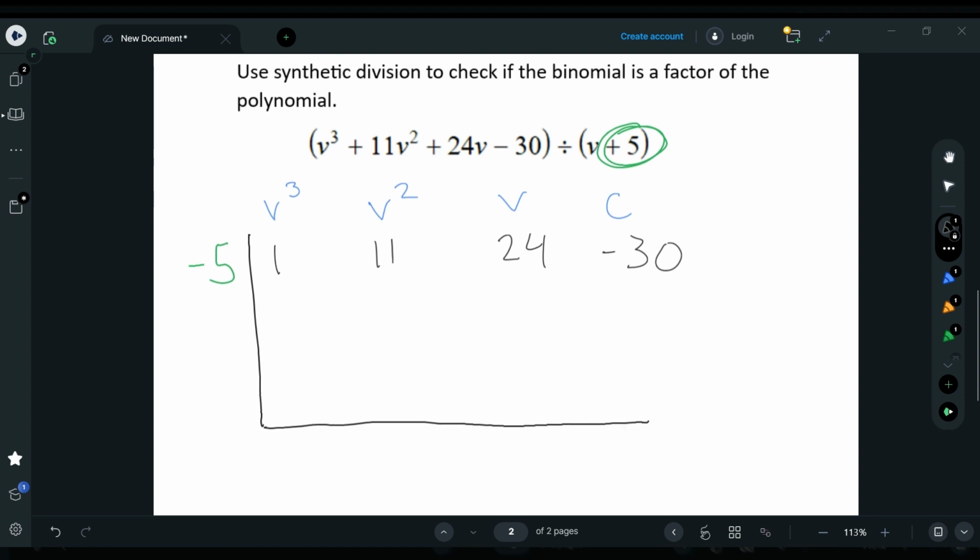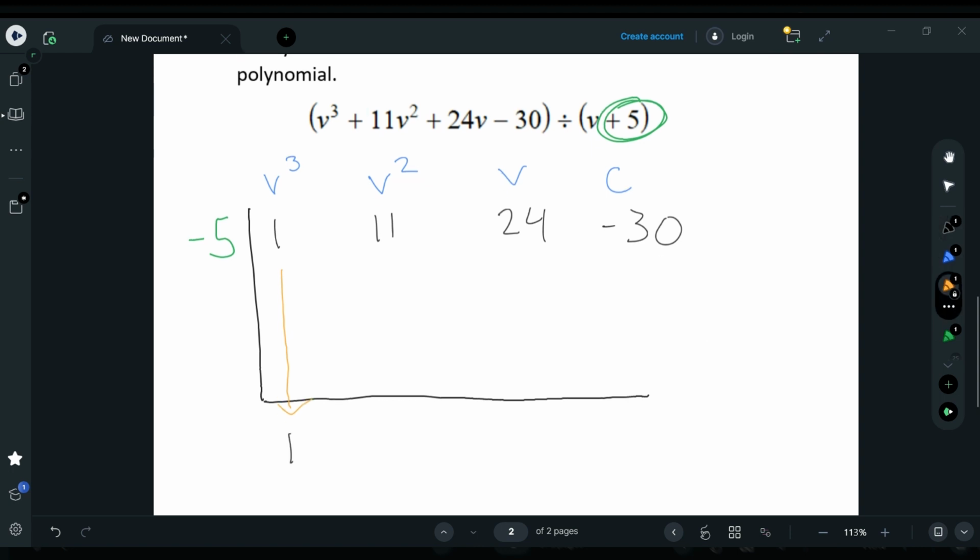Now let's go ahead and do it. Take the 1, bring that all the way down. And then remember, we're always multiplying here. Any number below the line gets multiplied by the negative 5. 1 times negative 5 is a negative 5.